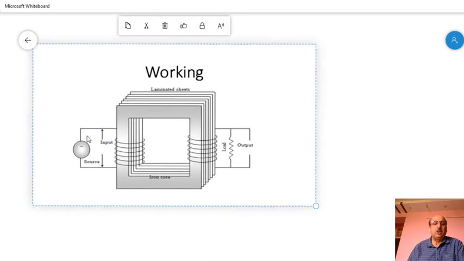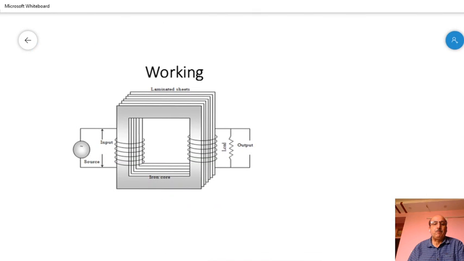This is an alternating source, and this source is the input, and here is the alternating current.